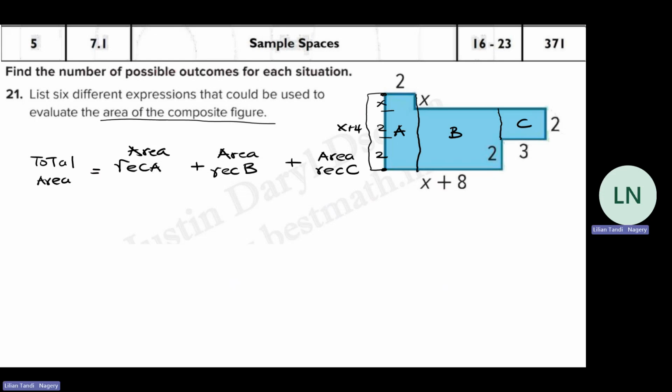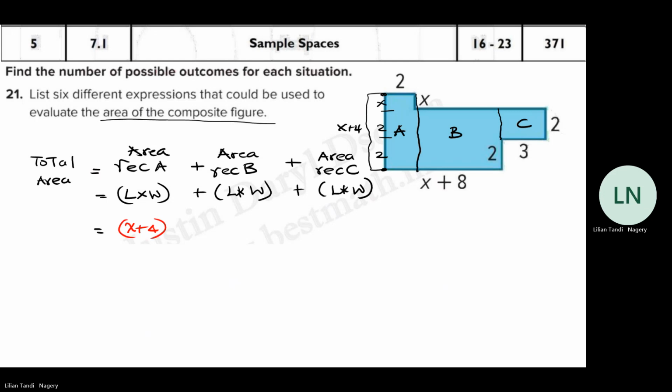Kanun says area of rectangle is length times width. That's what Kanun says. We have learned this since grade 3. Okay. Now let's look at rectangle A. What's the length? The length is x plus 4. And I'm going to multiply with the width, which is 2. You can write it like that.